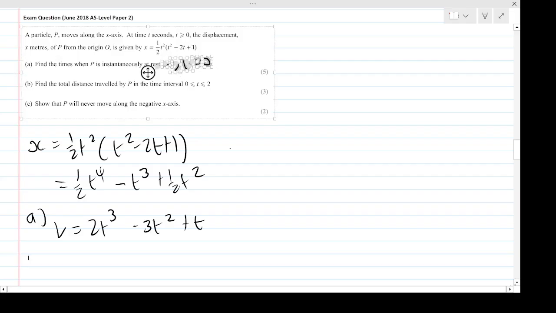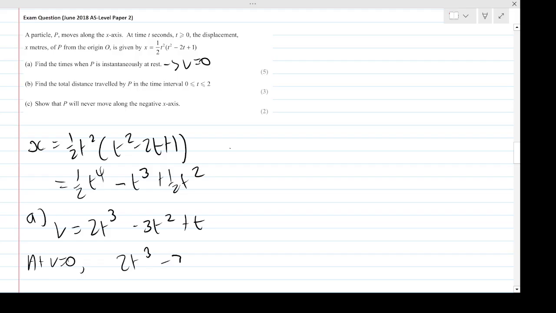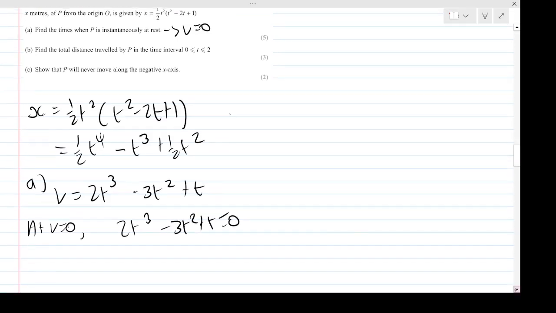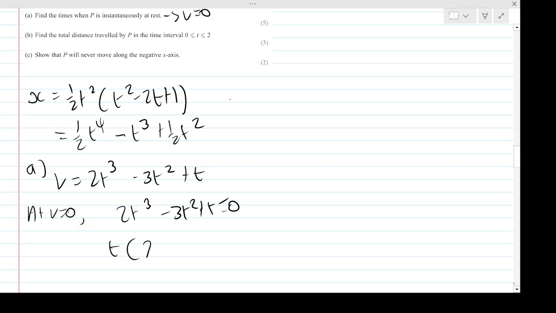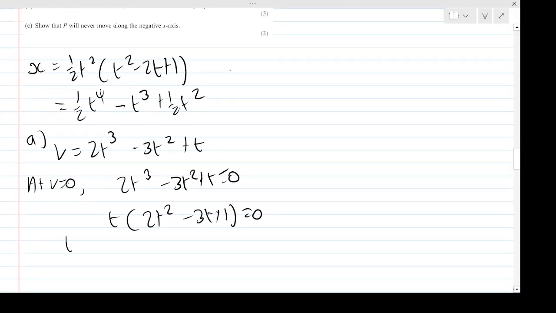So at v equals 0, we get this equation: 2t cubed minus 3t squared plus t equals 0. Solving this, we can factor a t out. So we get t times (2t squared minus 3t plus 1). That means either t is 0 or this quadratic equals 0. And so we can solve this quadratic here.